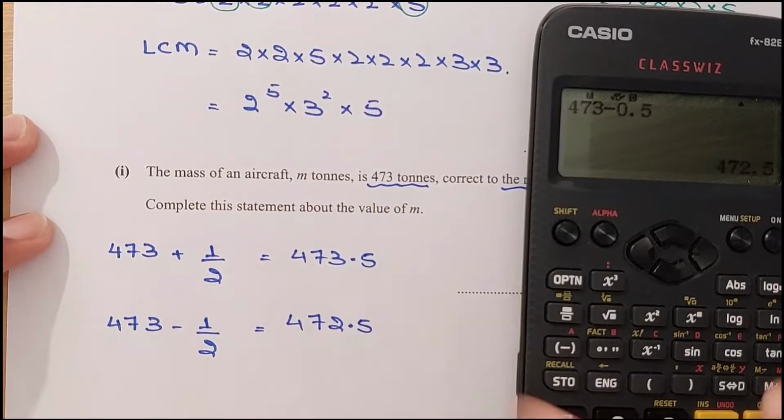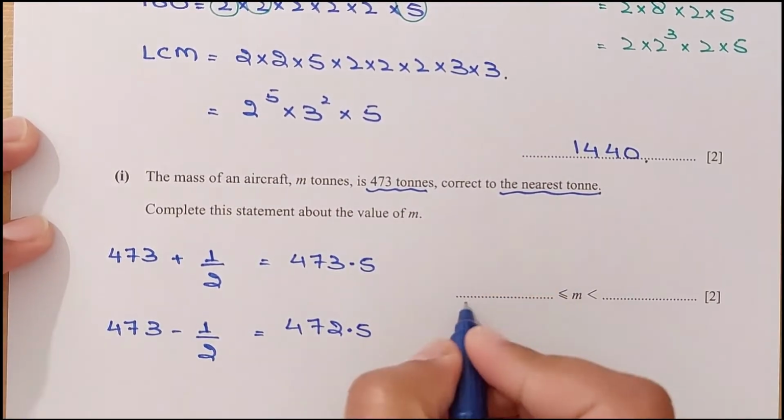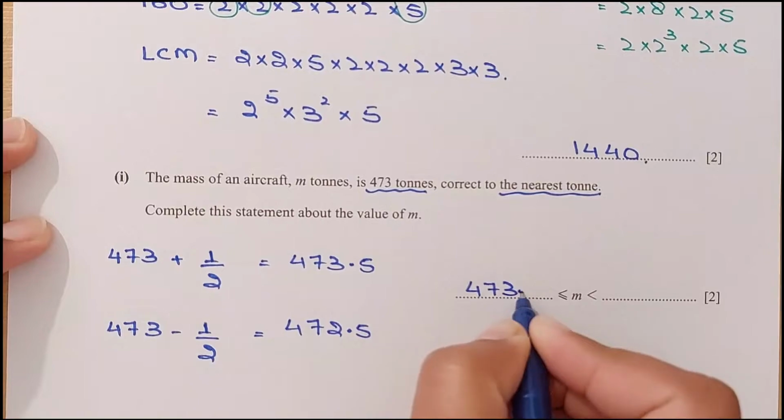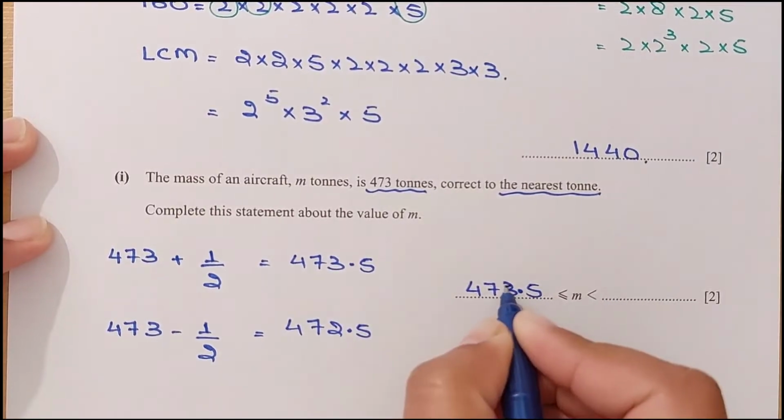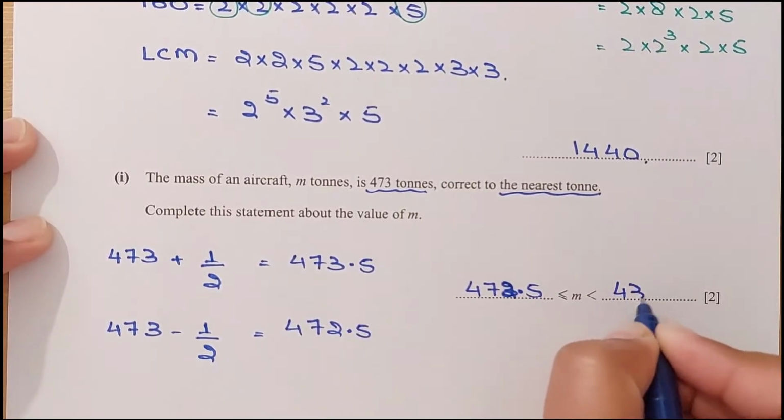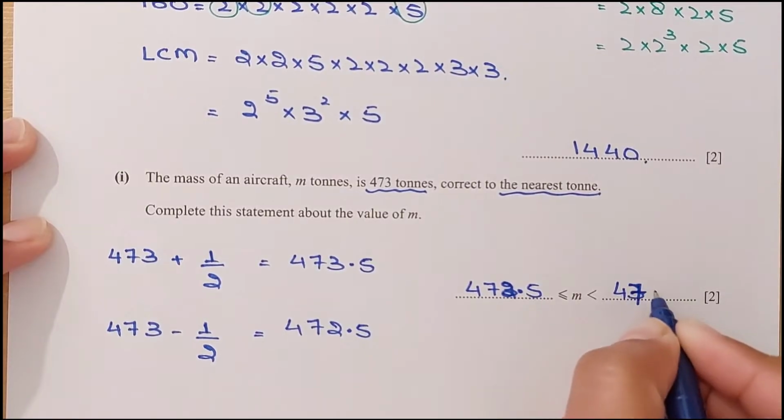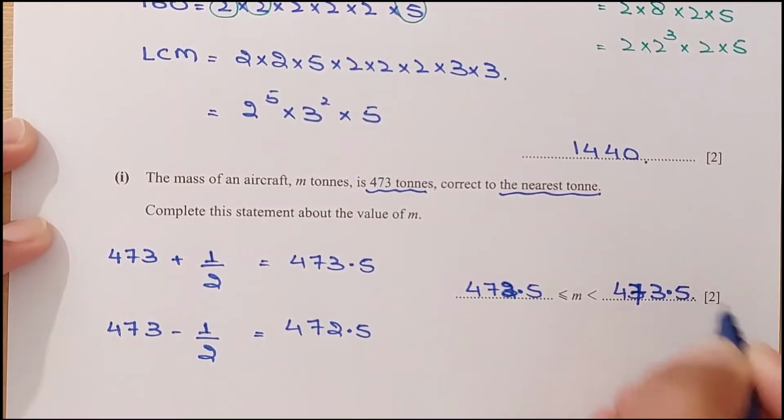This is the minimum value. So we can say the range of m is between 472.5 and 473.5.